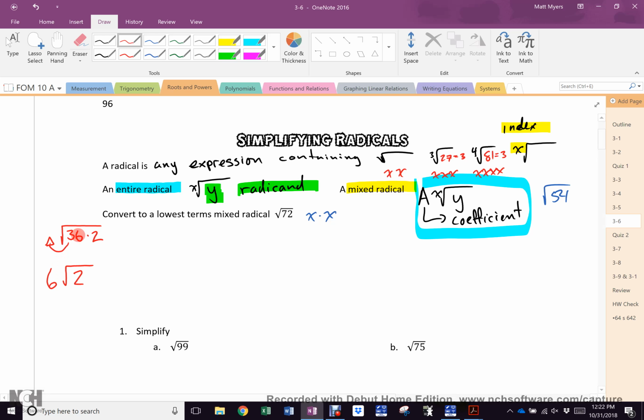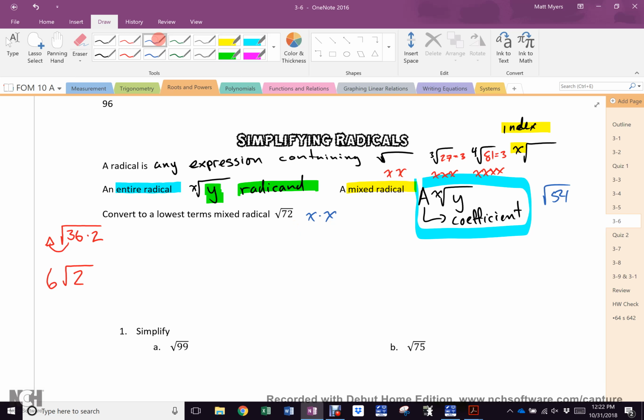We can still break this down. If you were going to break down 72 into two numbers that multiplied together, what would you use? Any two factors of 72. 8 times 9. I heard somebody say it.